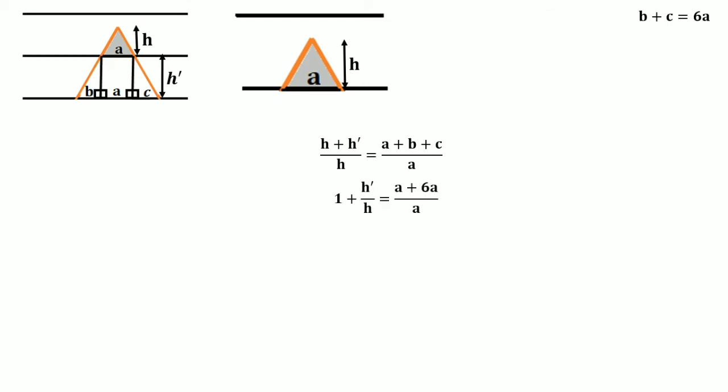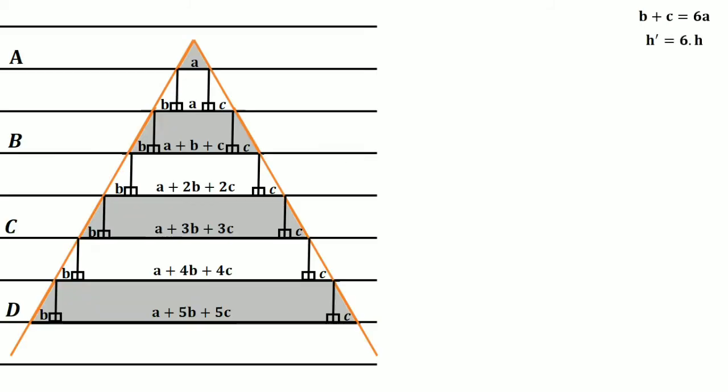So 1 plus h dash by h equals (a plus 6a) by a, which is 7a by a. Cancelling a, h dash by h equals 6. So h dash equals 6 times h, and we write this result in the corner.